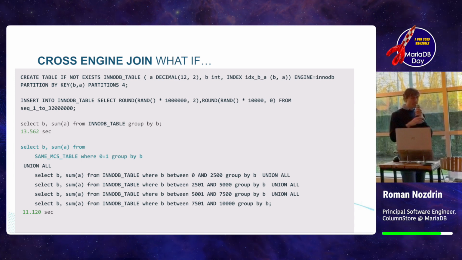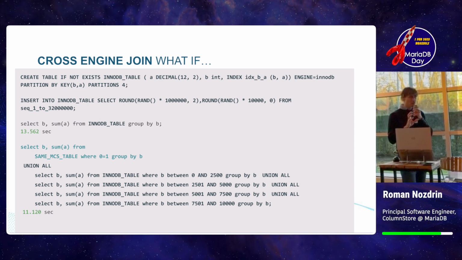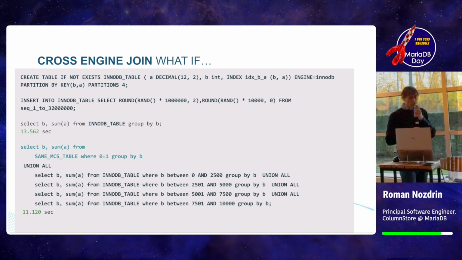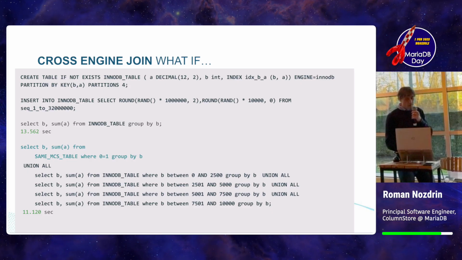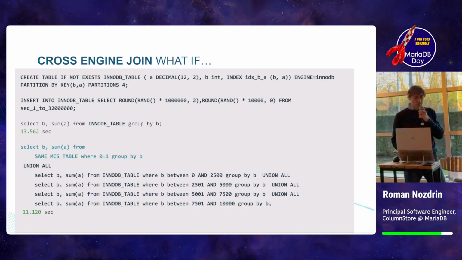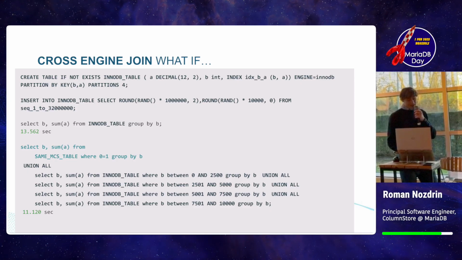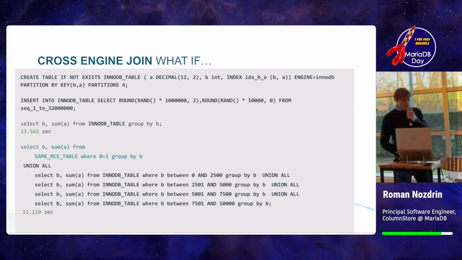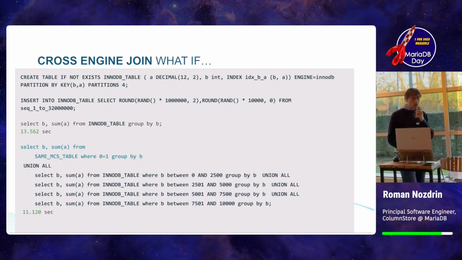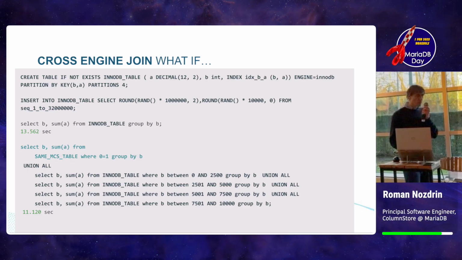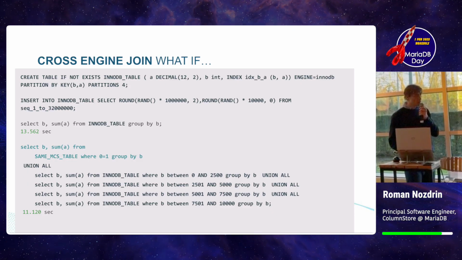So let's assume that there are some tables that change fast, and you want to have all the benefits of using the InnoDB engine, but lineitem and orders are huge, and for some reason you don't want to store them in InnoDB.